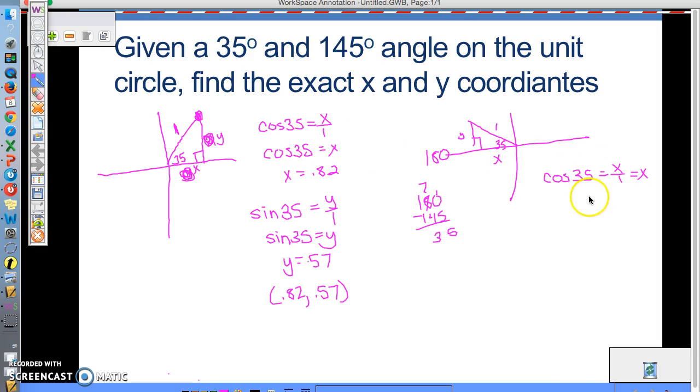So we know our x is 0.82. And our y value, once again, would be the sine of 35, gives us our y. It's that same thing. So y equals 0.57. The only difference here is this x, it's going backwards, so it would be negative 0.82 and 0.57.